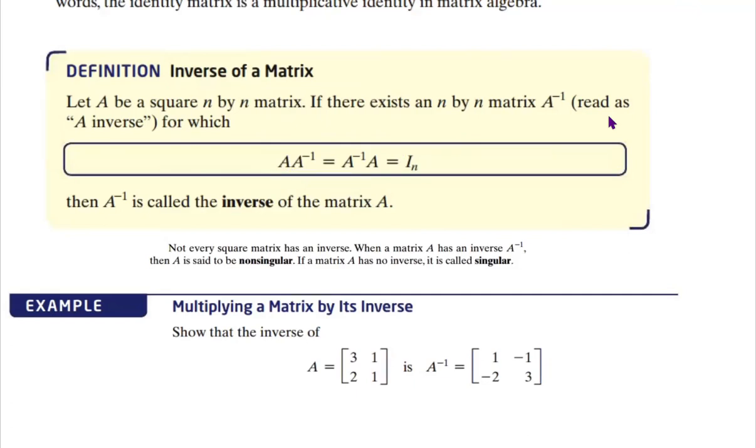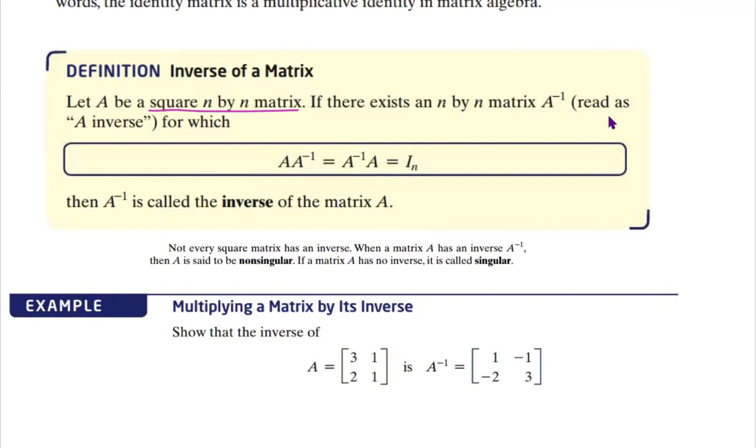We're talking about square matrices. Square matrices are matrices that have the same number of columns as rows.